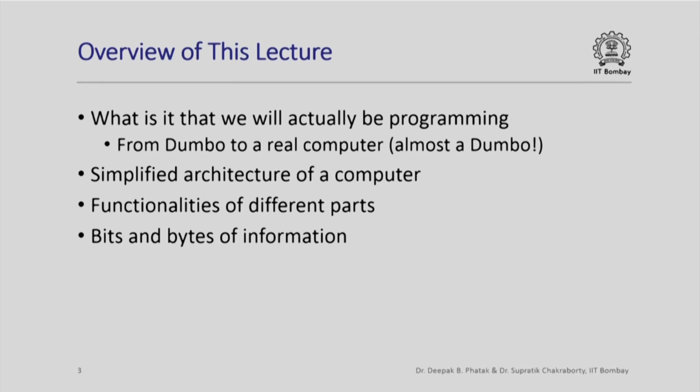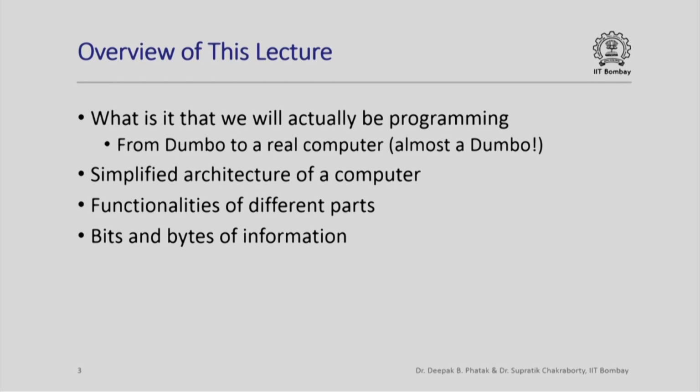In this lecture, we are actually going to see a little bit in detail what is it that we will actually be programming. Essentially, from the Dumbo model of computer, we are going to move towards a real computer, which by the way is almost like a Dumbo.